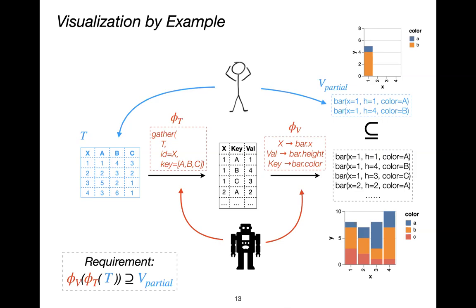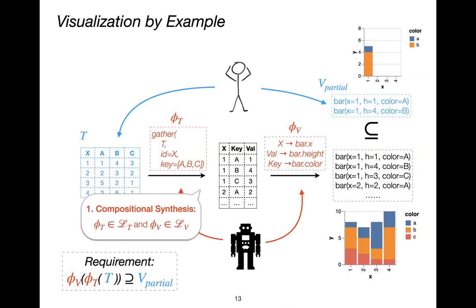This is the requirement: we require the output to contain the partial visualization provided by the user. This brings up some very interesting program synthesis challenges, which is why I'm calling this the theory part.